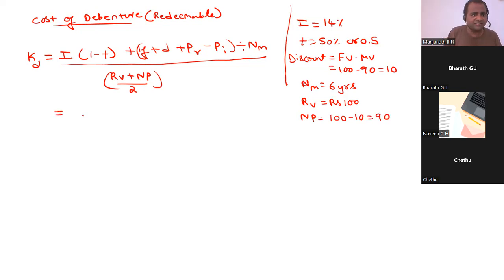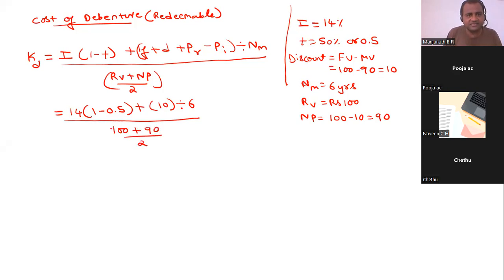So let us do it together. The value of I goes with 14 into (1 minus 0.5) plus we have only one information, that is discount. I'll be writing it divided by 6 years. Redemption value we have 100 plus the value of NP is 90, and then divided by 2.